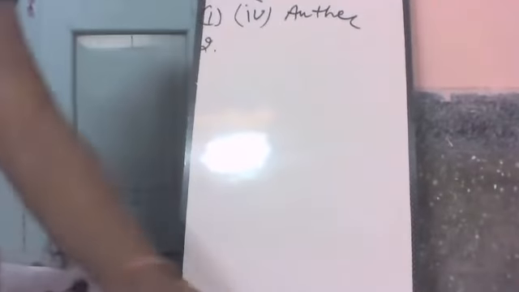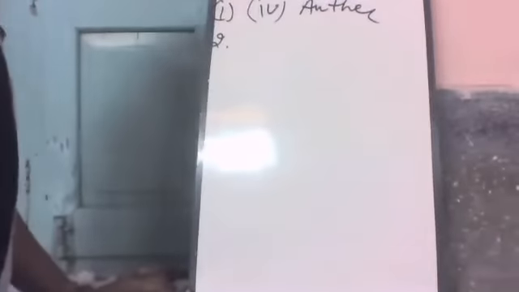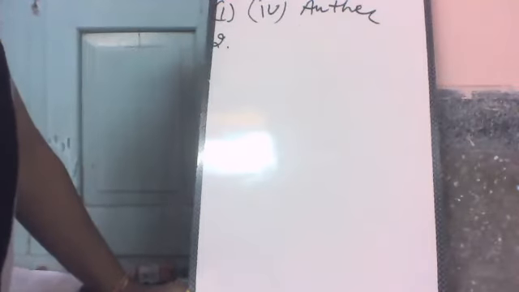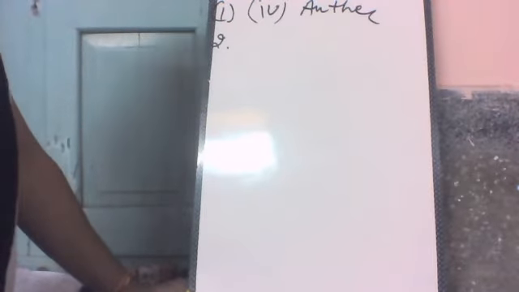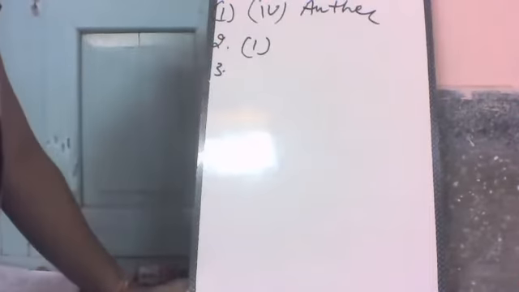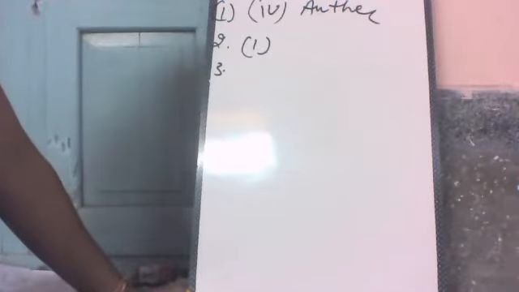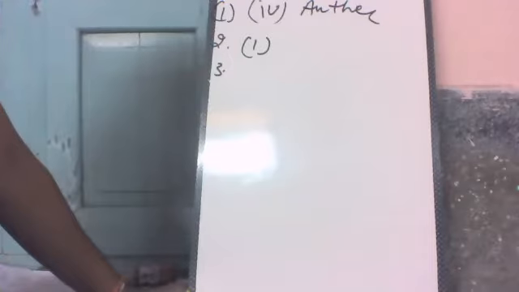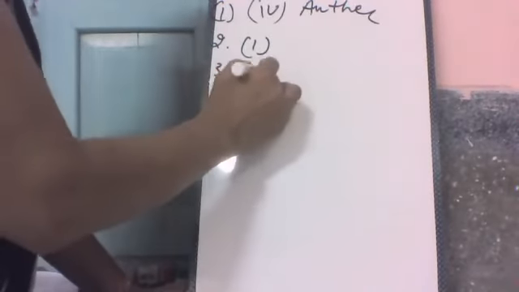Students: Ma'am, the board is not clear. Teacher: Okay, now clear? Yes, ma'am. The reproductive whorls of the flower are stamens and carpels. The third is, grafting is a method of artificial vegetative propagation.